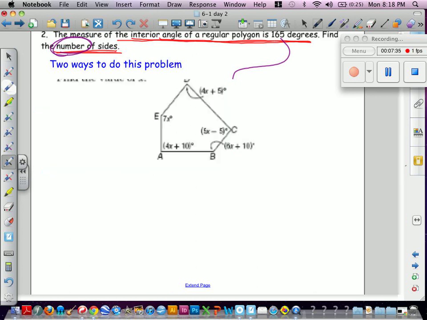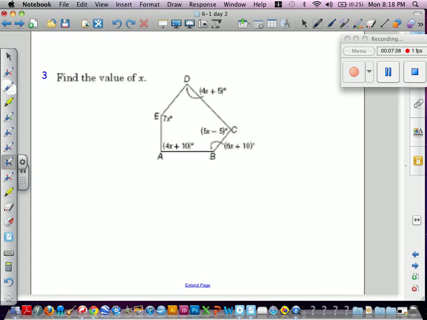In number 3, we're asked to find the value of x. We're given all of the interior angles, so I'm going to use the sum of the interior angles.